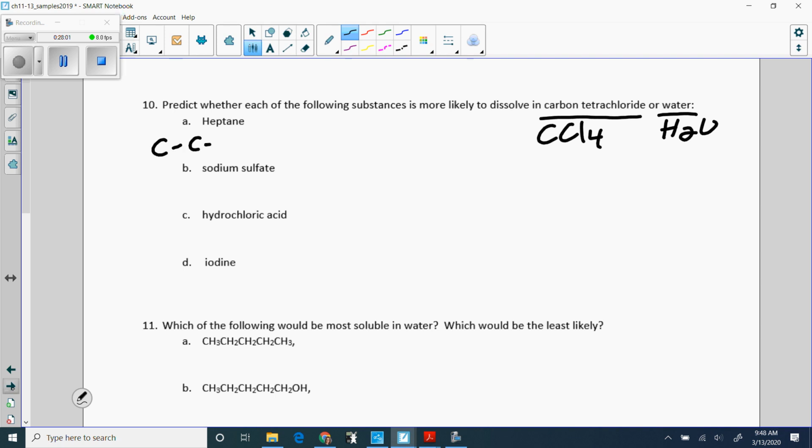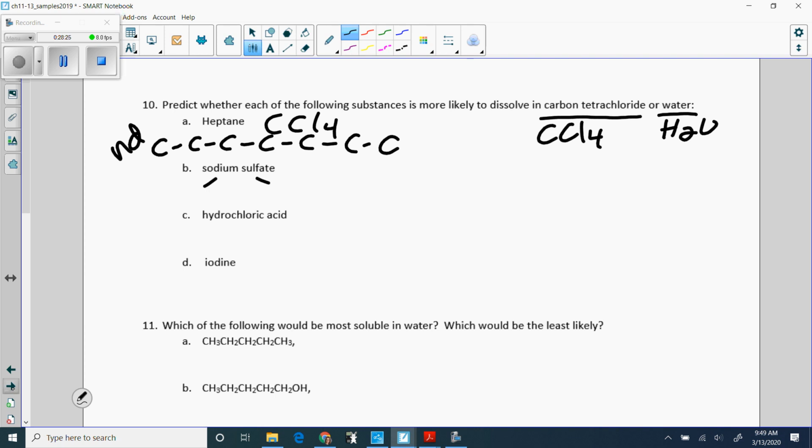Heptane is just 7 tetrahedrals in a row, if you remember your organic. So no dipole. So which one? Carbon tetrachloride or water? That was also bad teaching. I should have let you talk about it.